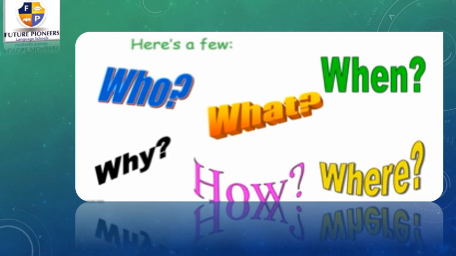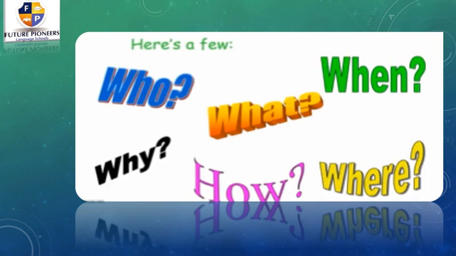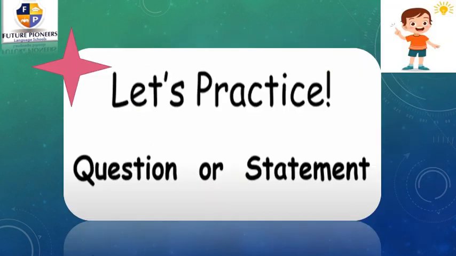When? When did you come? So all these are question words, WH questions. If you find one of these at the beginning of the sentence, it will be a question. Just like this question, what color is the dog? In this example, we use what.